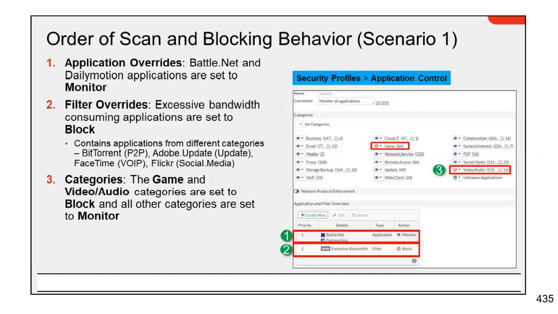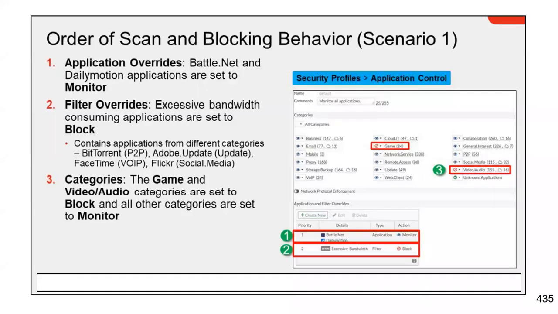For applications in these categories, FortiGate responds with an application control HTTP block message, which is slightly different from the web filtering HTTP block message.